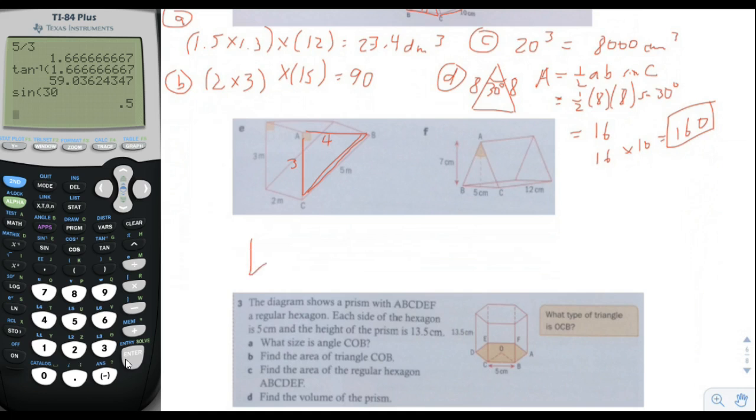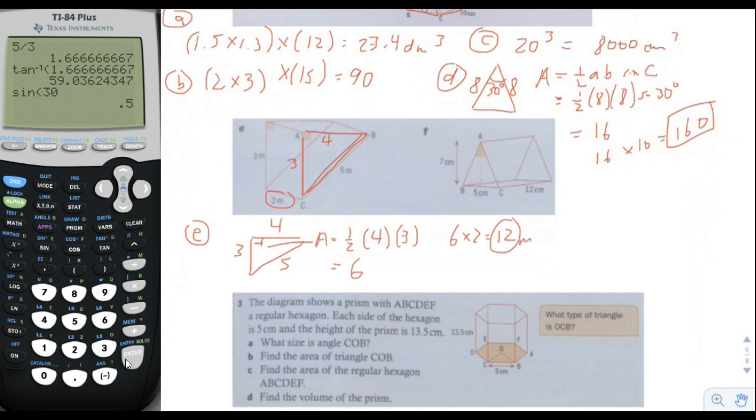Okay, so you got a triangle here. It's 3, 4, and 5. To figure out the area of this triangle, you could just do 1/2 times base times height because it's a right triangle. So it'd be 1/2 times 4 times 3. You wouldn't use 5 because 5 is a hypotenuse. It's not one of the right legs. So that would be 6. Okay, so the cross-sectional area is 6, and then you multiply it times 2, which is the height. And that'll give you the volume of E, which is 12.